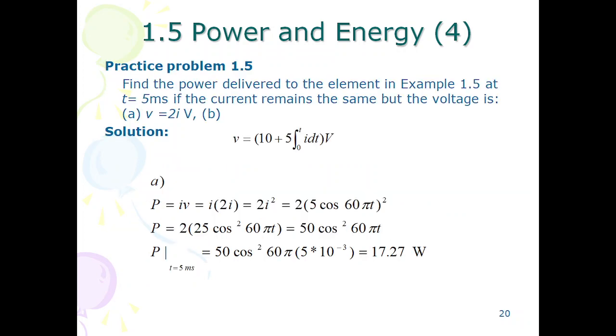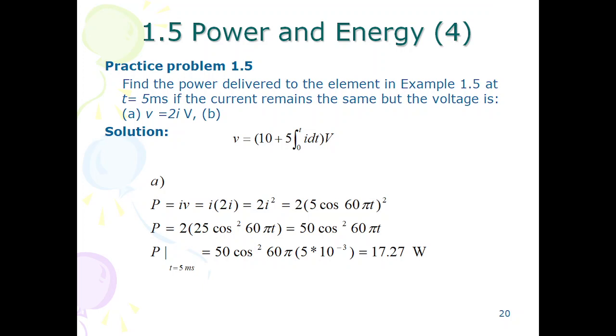Then another practice problem 1.5, in which we have to find the power at t equal to 5 millisecond, where the voltage is given as v equal to 2i, and in part B the voltage is given as 10 plus 5 integral, lower limit 0, upper limit t, of i dt. The formula is i times v.